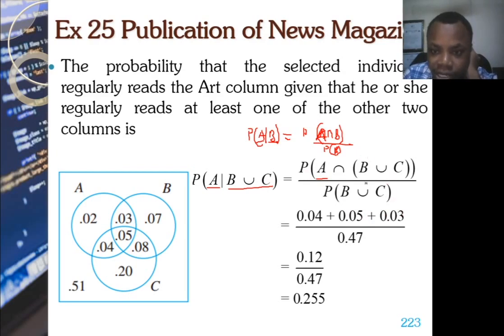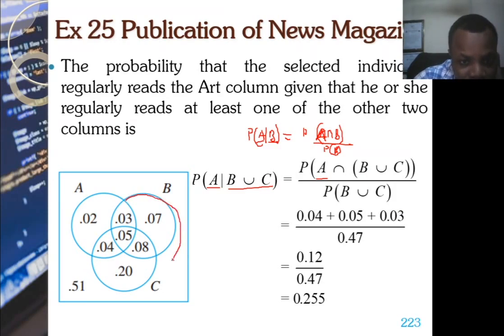So with this section we are trying to look at the intersection of A then B union C. Remember that B union C is everything that we have in here.